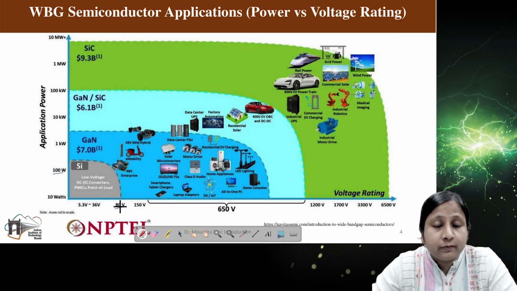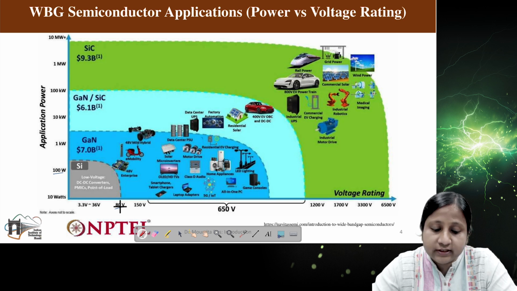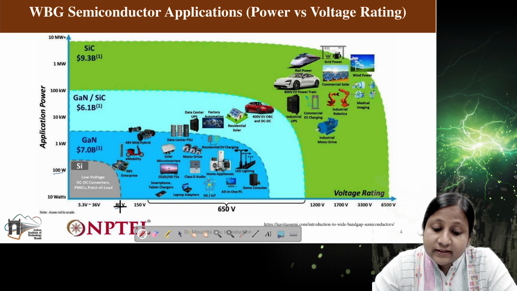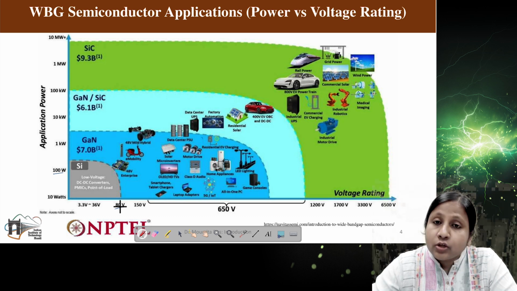Although you are probably familiar that silicon devices are available for high voltage, the problem is that once we go for high power levels, the size of the system increases and efficiency reduces. So we have to select an optimum point where size, efficiency and cost are all optimized.